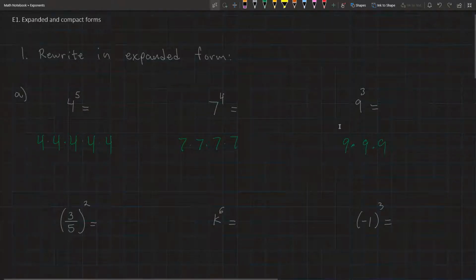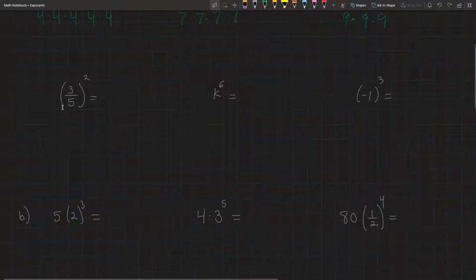These two are equivalent. Therefore, down here, what does it mean to square this fraction? It means that we have 3 over 5 times 3 over 5. That's its expanded form. How many times are we multiplying the variable k by itself? 6. That's 5, I believe, and 6.